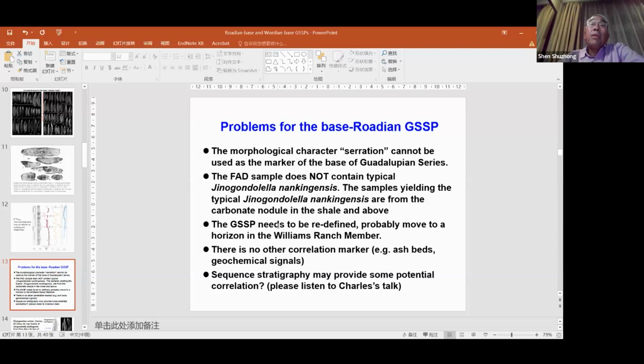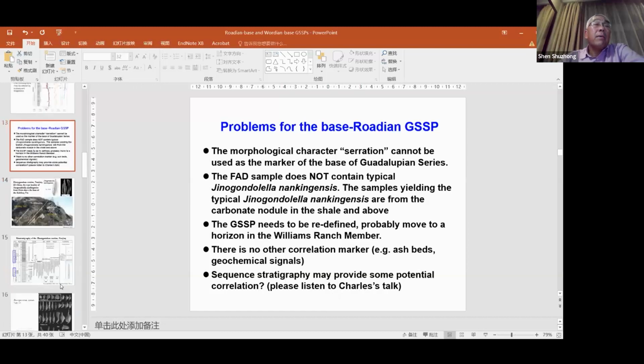So the GSSP needs to be redefined, probably moved to a horizon in the Williams Ranch member. And then the problem is there are no other correlation markers like ash beds or geochemical signals; they're all not available. So Charles may later introduce sequence stratigraphy, which may provide some potential correlation. So we should listen to Charles' talk after my talk.